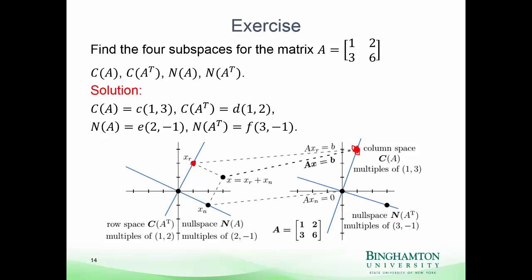That's the one unique solution on this line, but it can be anything that lies on this line. If you go back to when we talked about multiple solutions, the solutions were the null space, down here, offset by the particular solution. So xr is our particular solution.